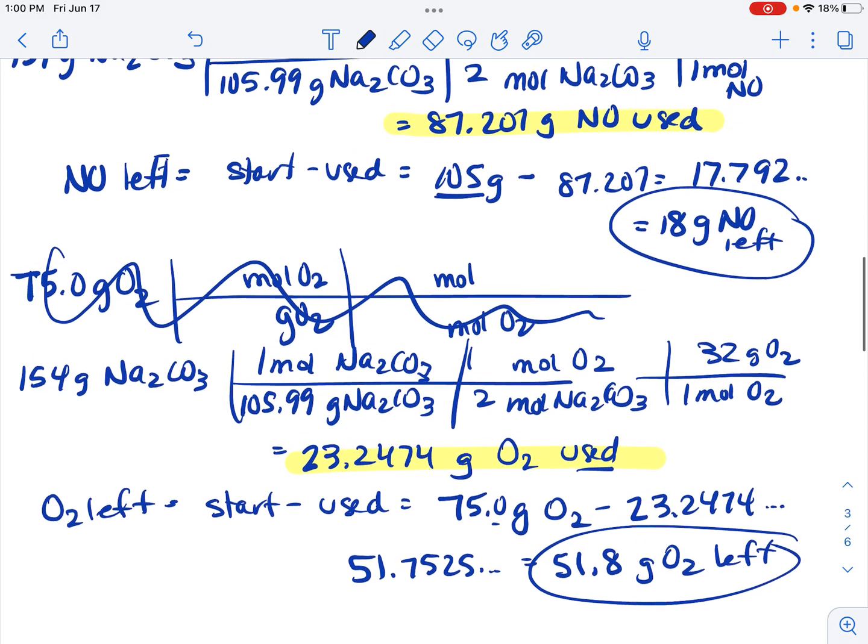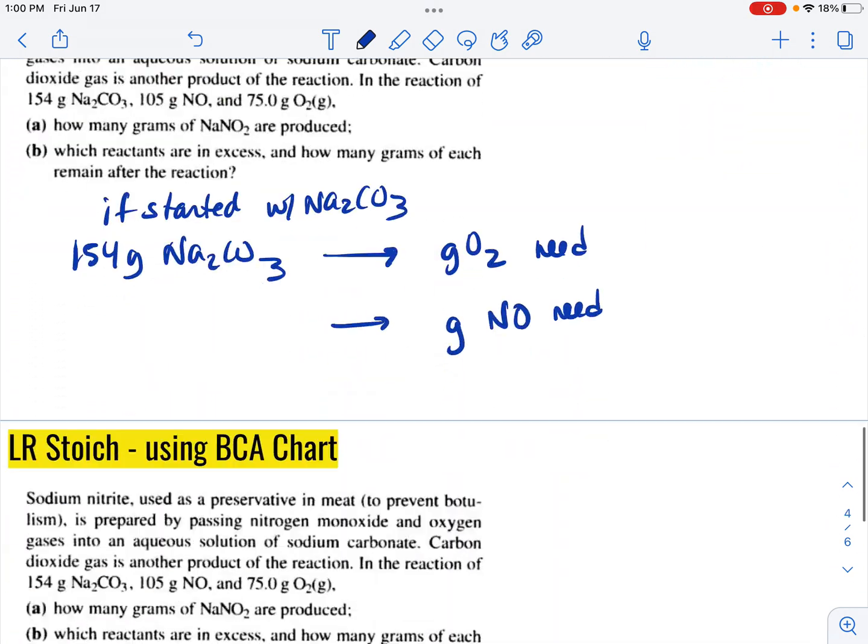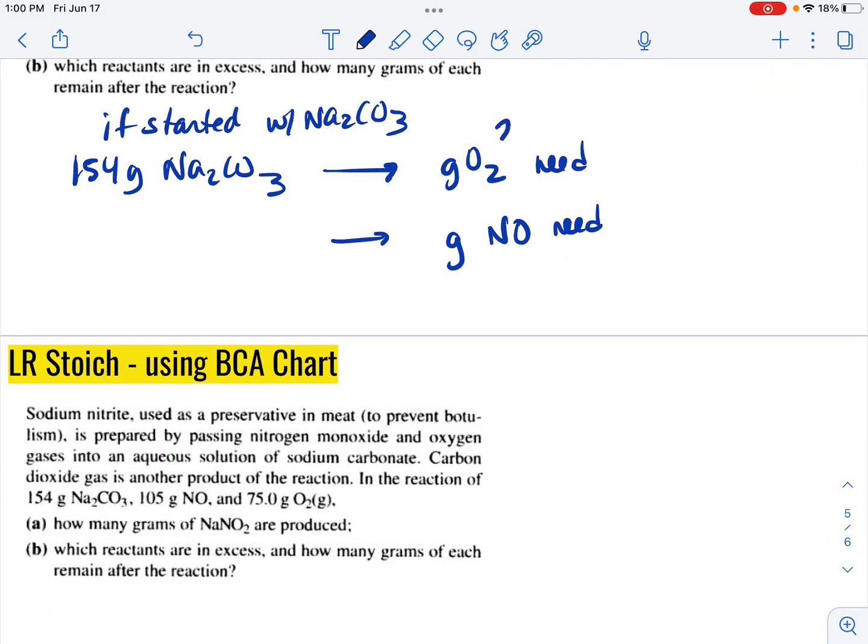The grams of O2 that I would need would be 23.2 grams. And the grams of O2 that I have is 75 grams. And so I have way more than I need, so O2 is not limiting. Okay, I'm going to do the same thing.